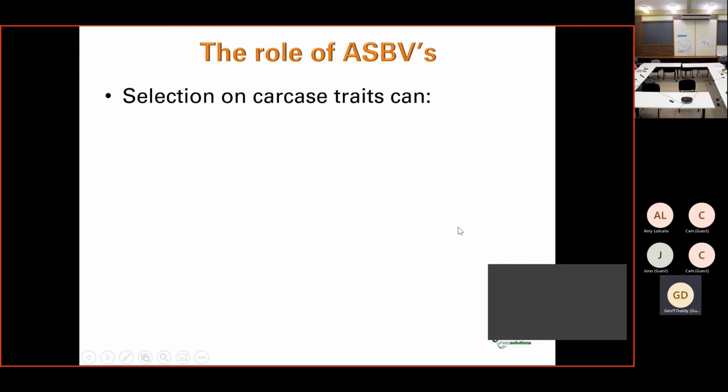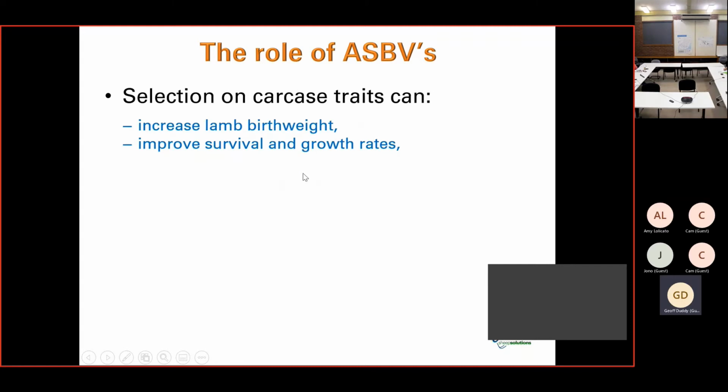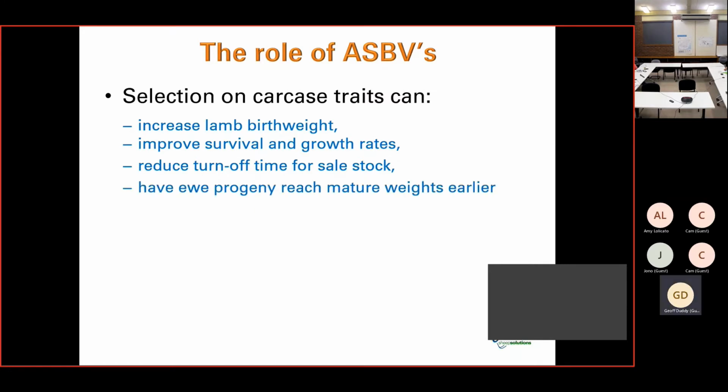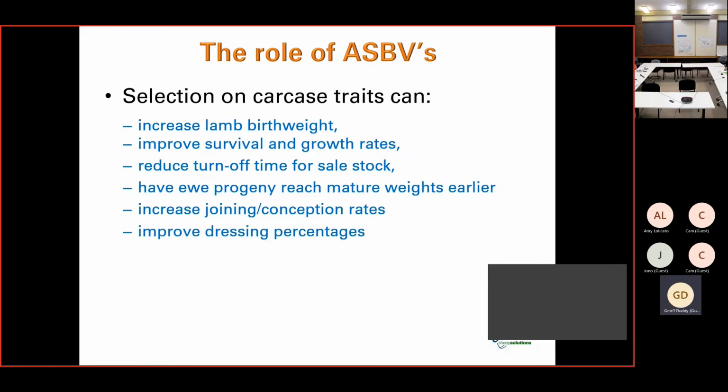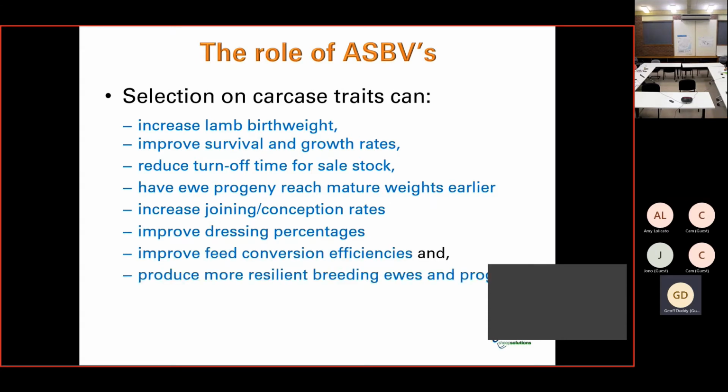So what's the role of ASBVs? If we look at just selecting on those carcass traits that I just mentioned, they can help increase birth weight, improve lamb survival and growth rates, reduce your turn-off time for your sale stock, have your ewe progeny reach mature weights earlier. So that's pretty important in a self-replacing system, particularly if you're interested in joining ewe lambs. Help to increase your joining and conception rates, improve dressing percentages, improve feed conversion, and help to produce more resilient breeding ewes and progeny.